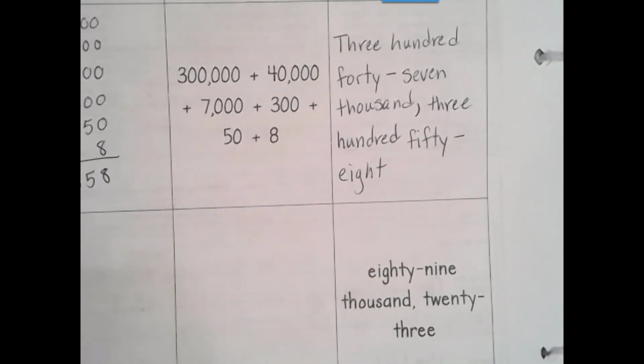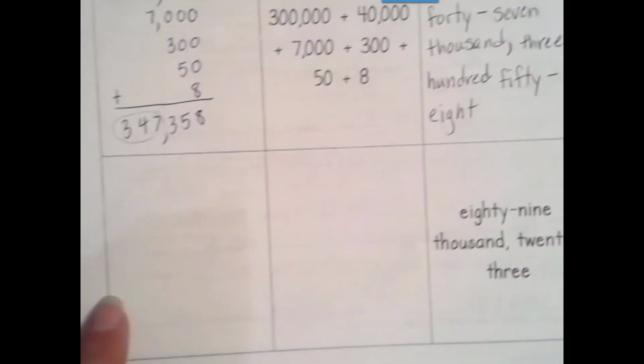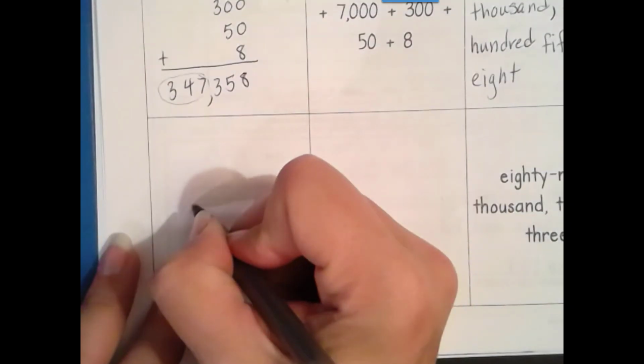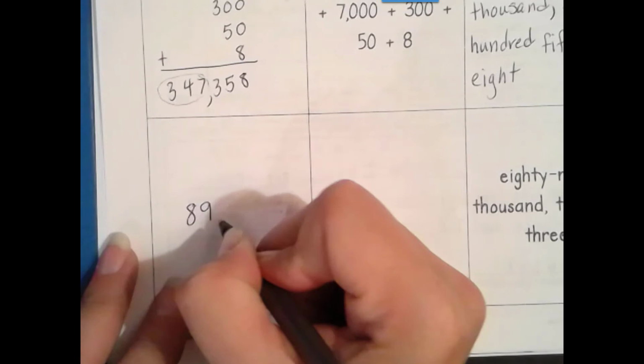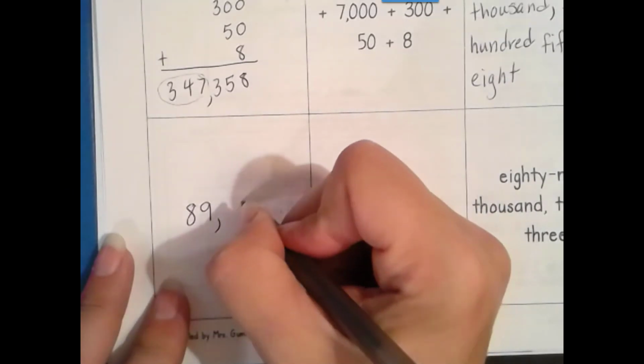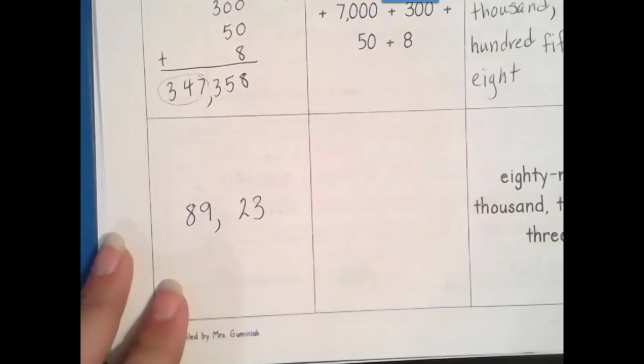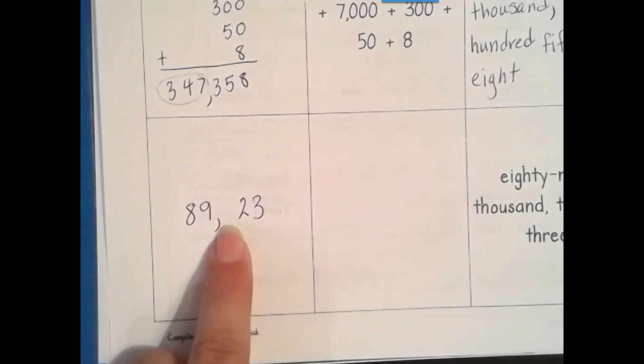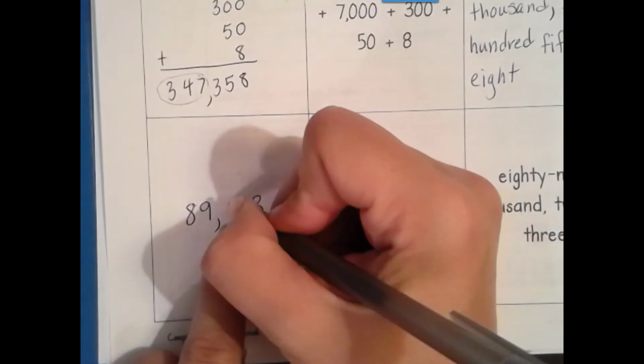So I'm going to do my standard or base 10 numeral form. So 89,000. It's in the thousands. 23. Well, I have a place here, the hundreds place, that I didn't say any number for. Nothing for the hundreds, so I'm going to put a placeholder.